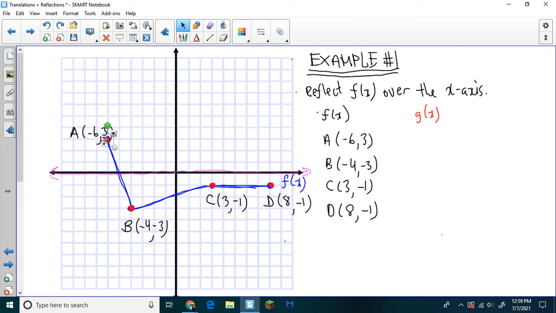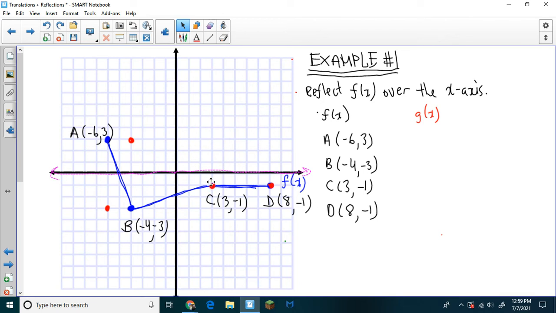So this point, the distance from A to the x-axis is 3. So it's going to be now 3 down here. This point, the distance from this point to the x-axis is 3, but it's negative, so now it's going to flip to the positive.